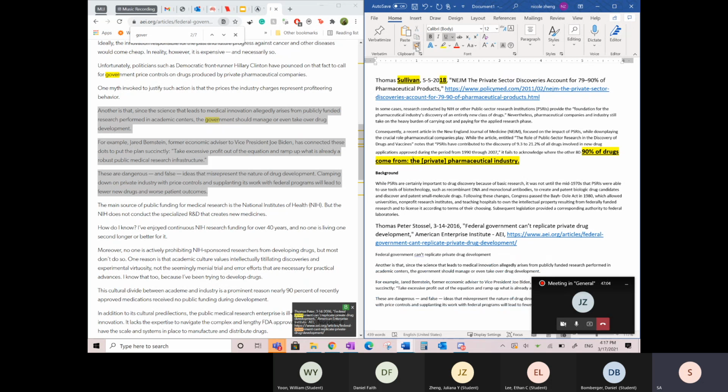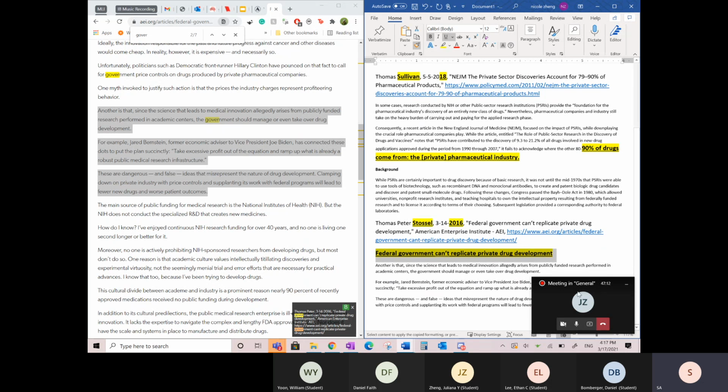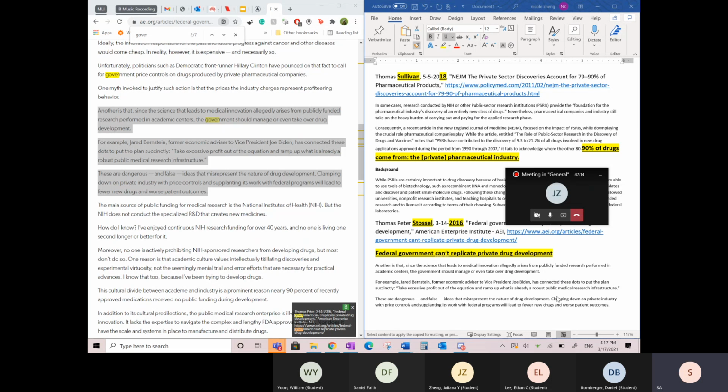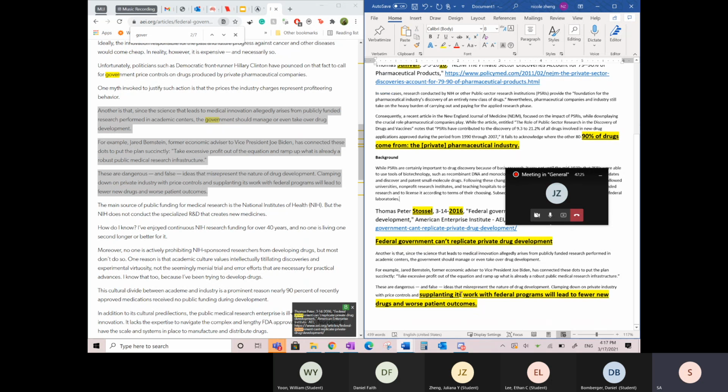And then I'm just gonna highlight the parts. So author last name, the 16, this part, and then this sentence. And then I'm gonna replace it's a private industry.